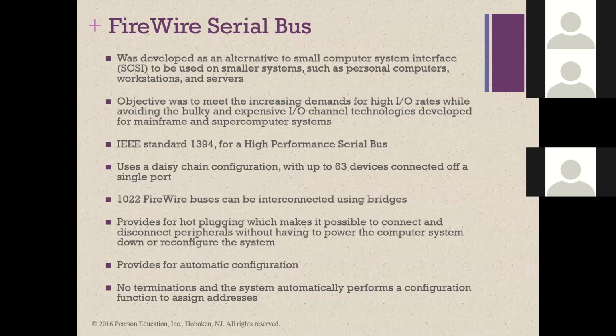The FireWire was developed as an alternative to the SCSI, small computer system interface, to be used on smaller systems such as personal computers, workstations, and servers. The objective was to meet the increasing demands for high-speed I/O rates on these systems, while avoiding the bulky and expensive I/O channel technologies that were developed for the mainframe computers and supercomputer systems.